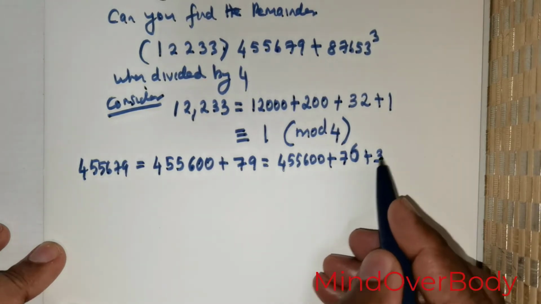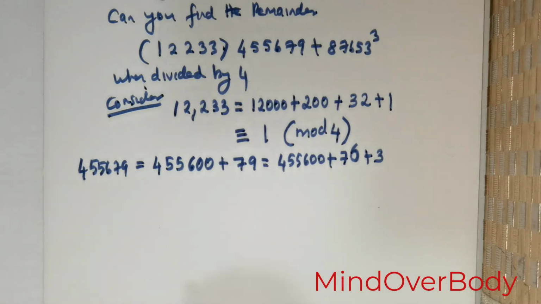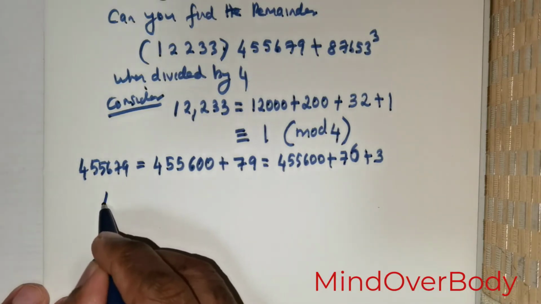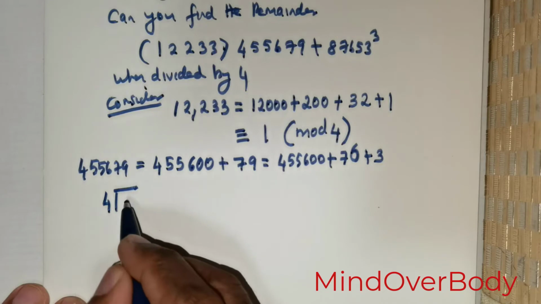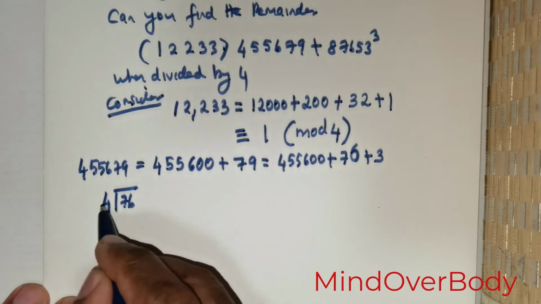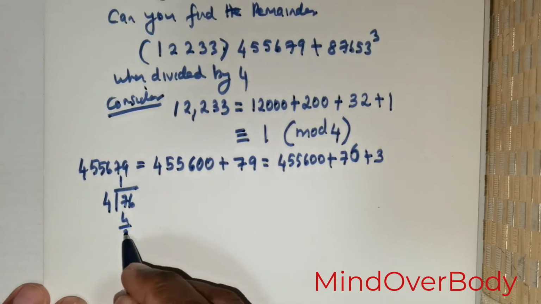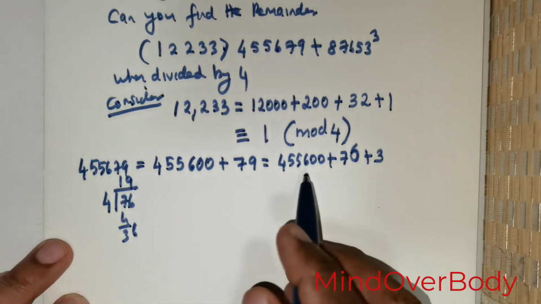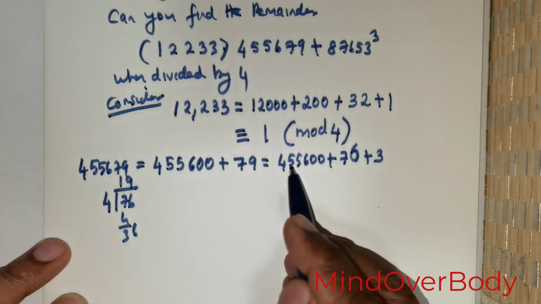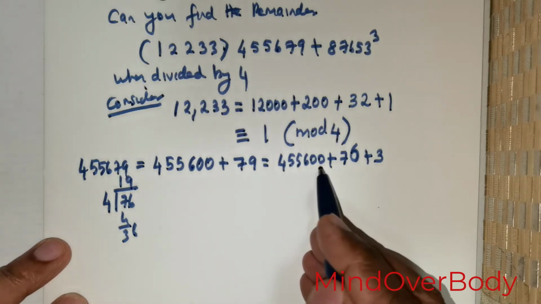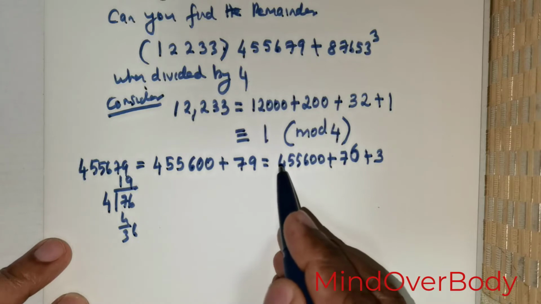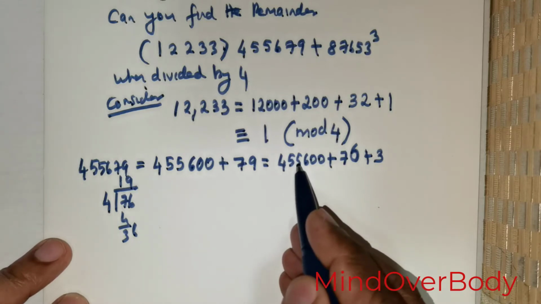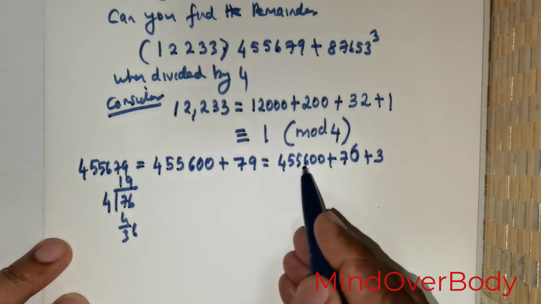Now let me check if 4 can divide 76. So 4 times 4, I got 3 and 6, and that is going to be 9. So that's fine. Now 4 can clearly divide 455,600. 4 divides here once and 4 divides here once, carry 1, and that will be 12, and again you get 36.